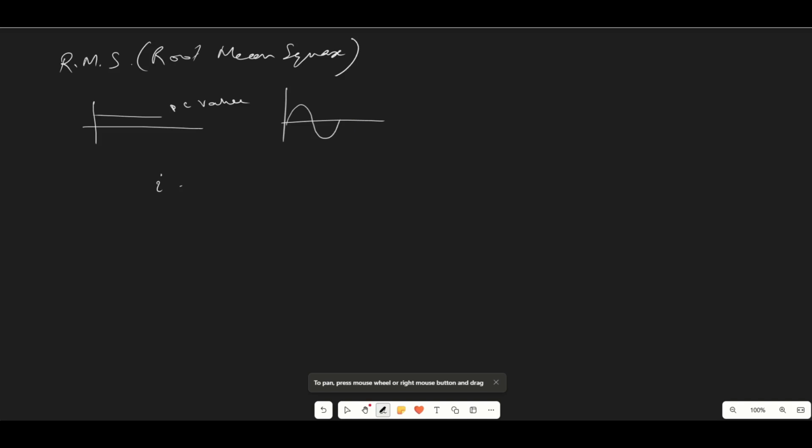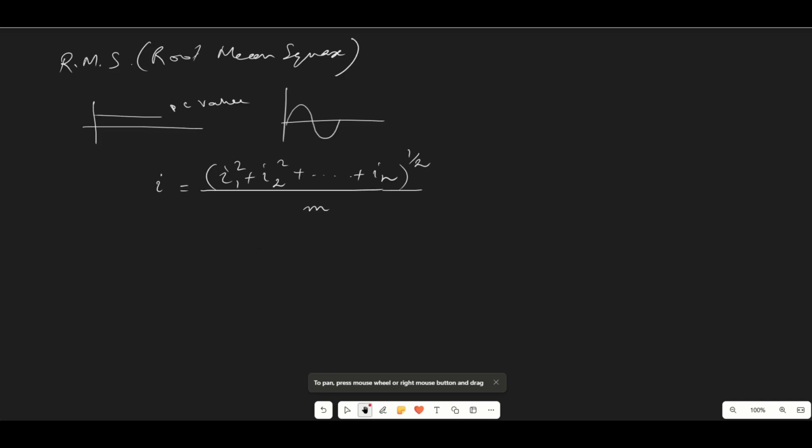The root mean square value is given by the square root of I1 square plus I2 square up to IN square, divided by N. These are the instances of the current, taking the average, and this is the square root. So the RMS value is determined by taking the mean of the square of the instantaneous values of current over one complete cycle. Okay.